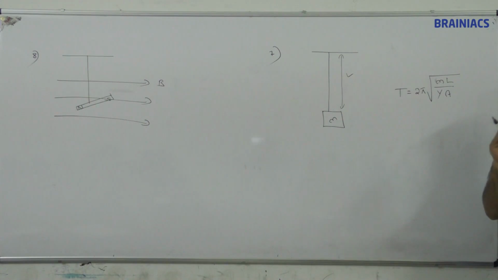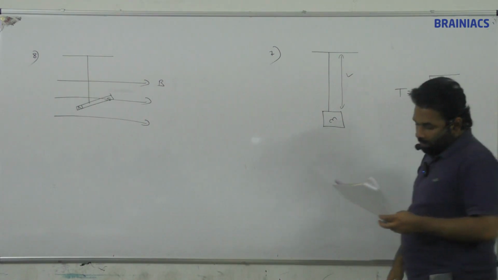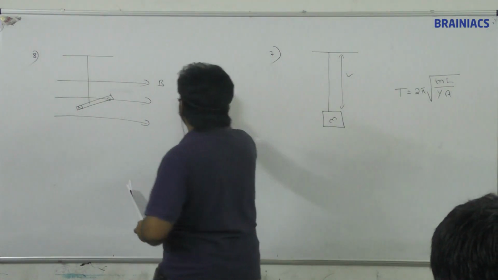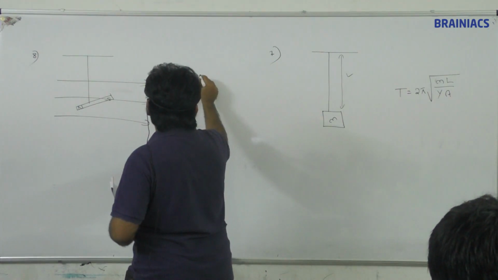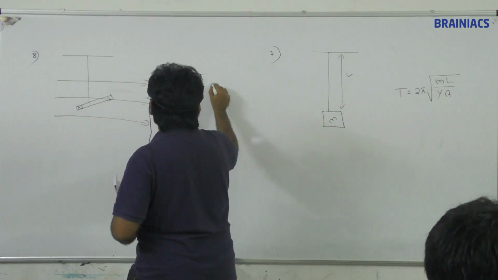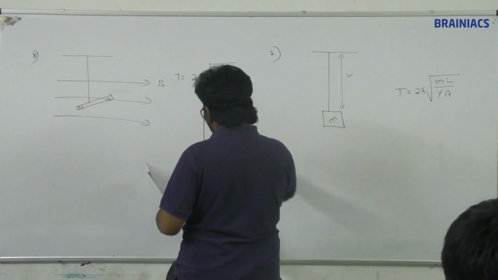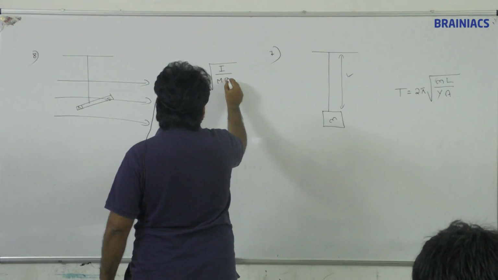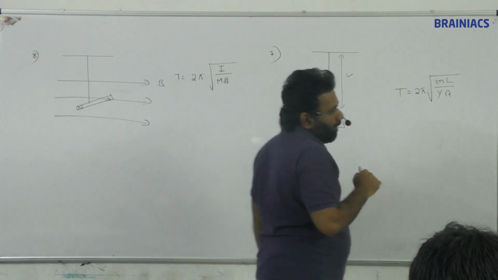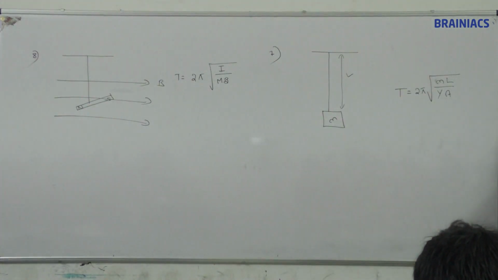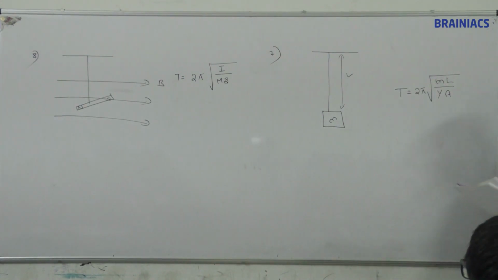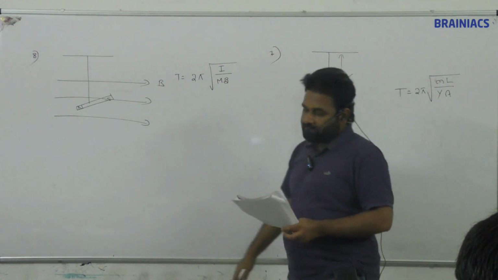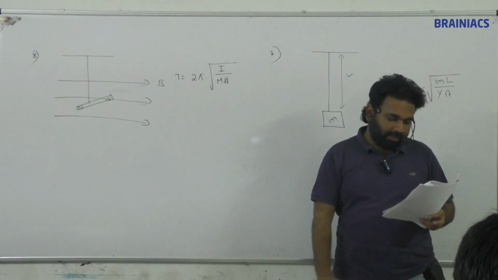Because of torque, it will do simple harmonic motion. So time period is equal to 2 pi into root of I divided by MB. I is the moment of inertia of the magnet, M is the magnetic moment, B is the magnetic field intensity.